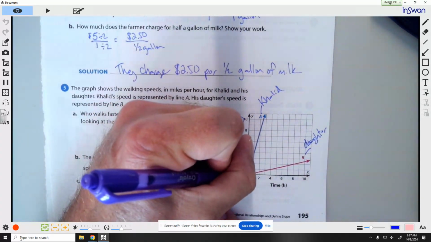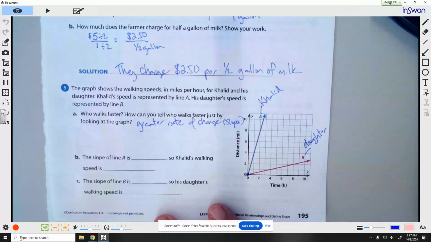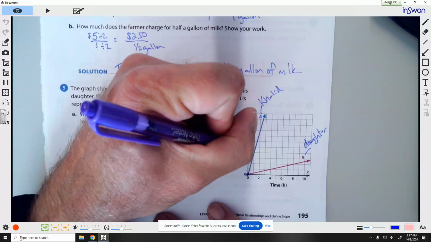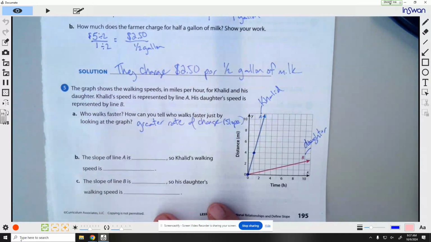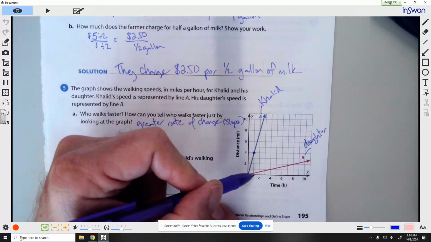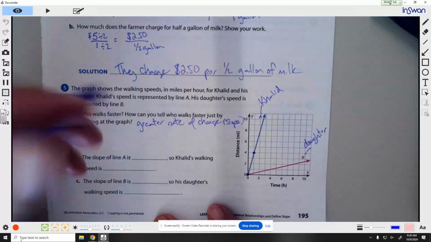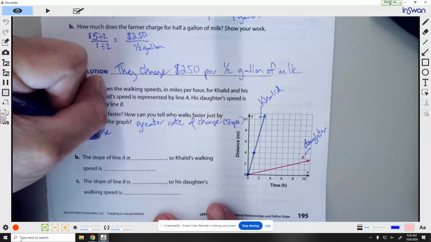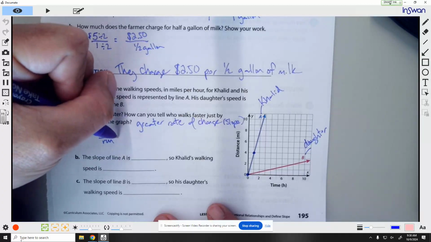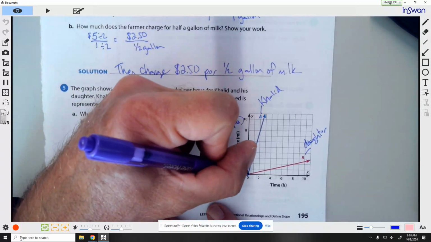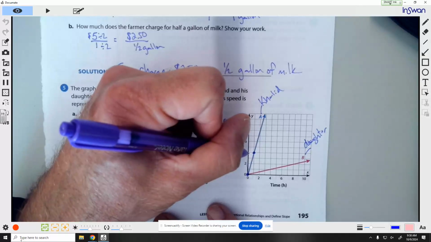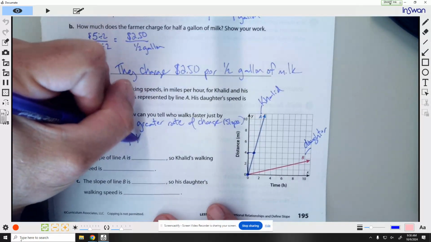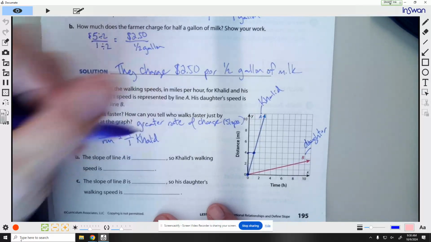If I look at Khalid, I can pick a point right here at 0, and then if I go up to my next point that goes through the corner of a box, that would be at 1, 4. So rise over run for Khalid, he has to go up 4 and over 1. So 4 over 1, and I'm going to say that is Khalid's.